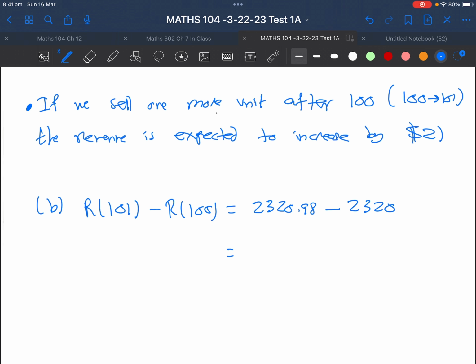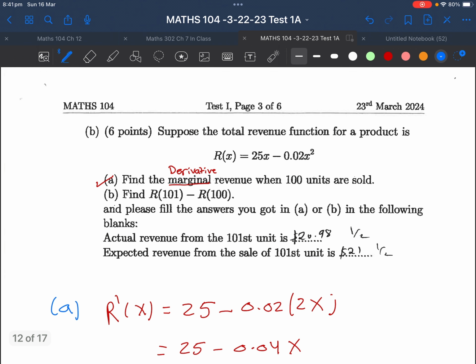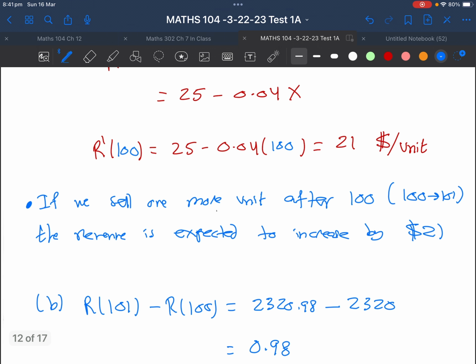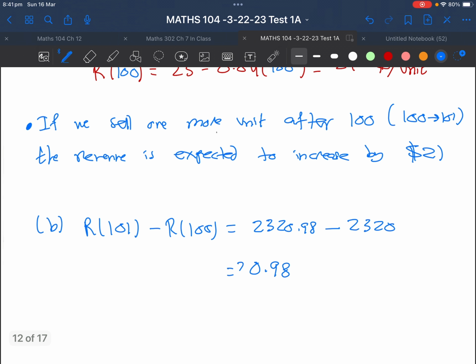If we take the difference between them, it will be... let me just revise my calculation. Just give me a second. So this will be 20 here.